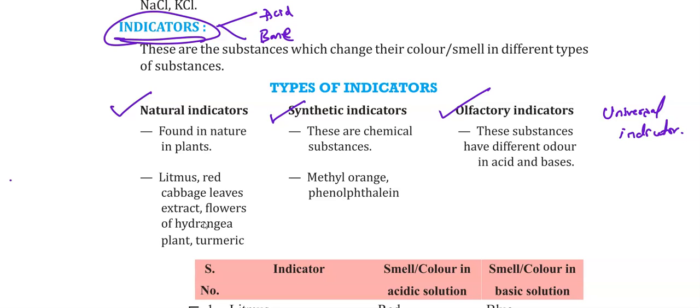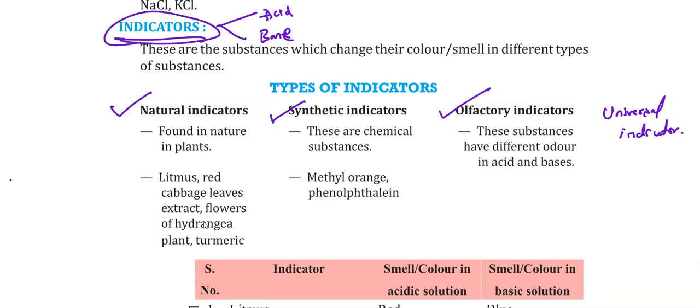Indicators are the substances which are used to identify whether the given solution is acid or base. Understood?